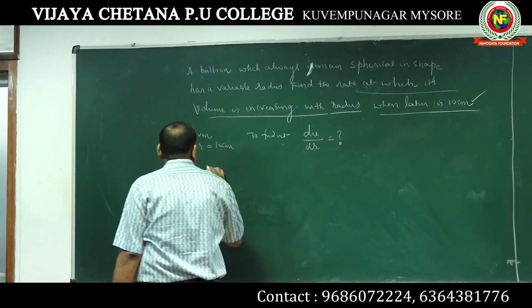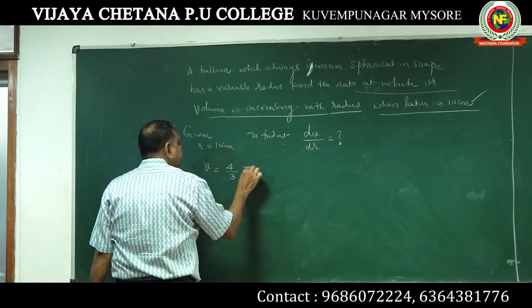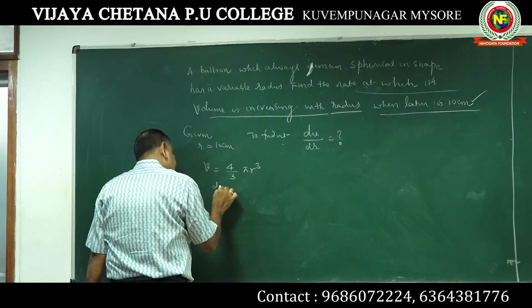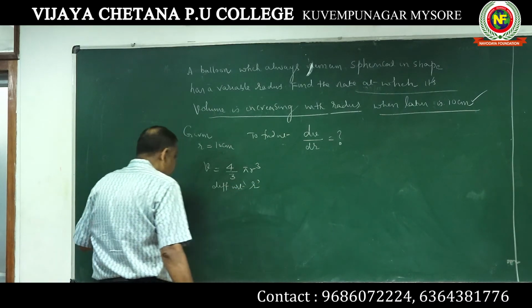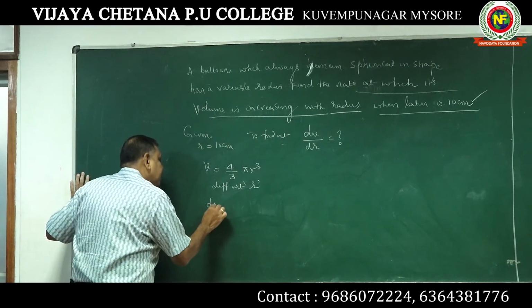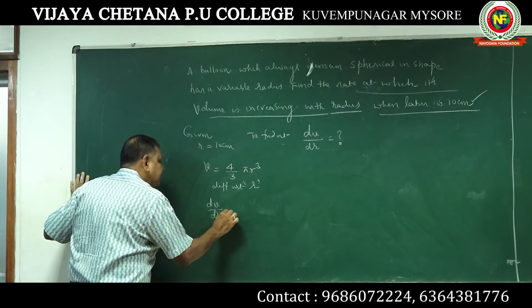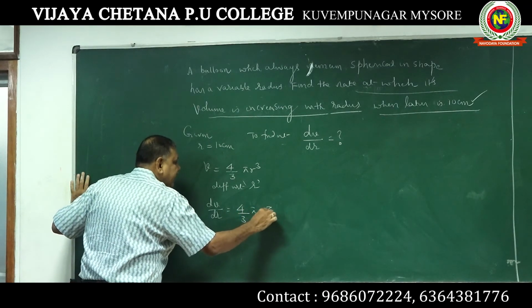Now you know the formula, V is equal to 4 by 3 pi r cube. Differentiate with respect to r, not with respect to t. dV by dr is equal to 4 by 3 pi into 3r square.